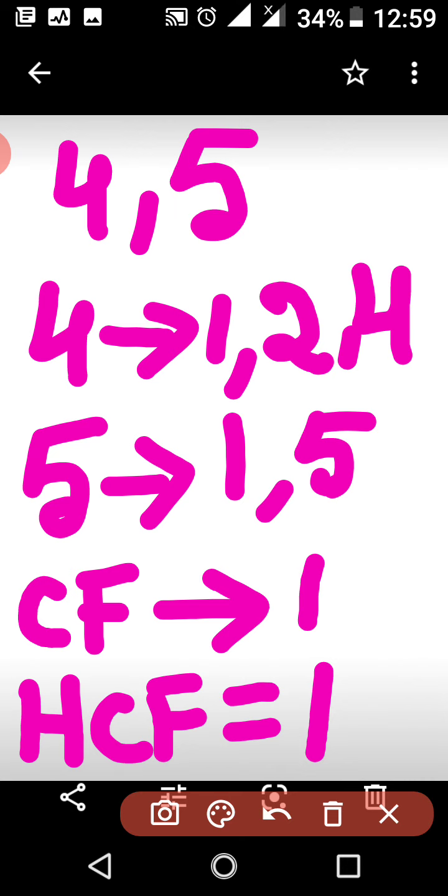So if you don't have any common factors, 1 becomes the common factor. So the HCF for any consecutive numbers is 1 only. Like this, take two more examples and try to solve this question in the classwork.